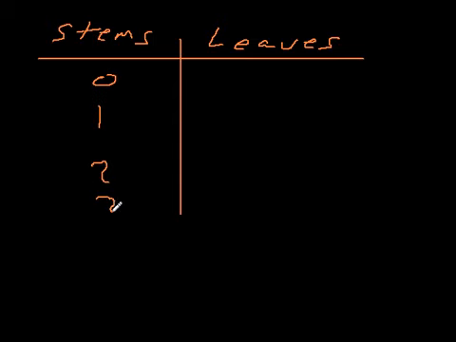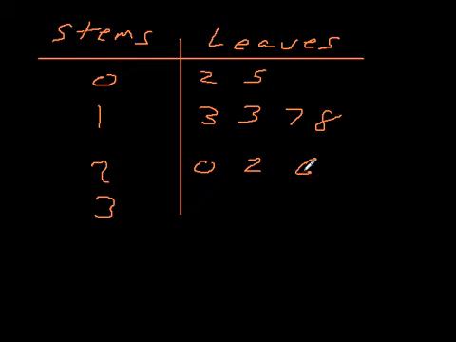What it's telling you is you've got your stems over to your left, your leaves over to your right, and what you have here are a 0, 1, 2, 3, and over to the right you've got a 2, a 5, a 3, a 3, a 7, and an 8, then 0, 2, 6, and a 1 and a 7.